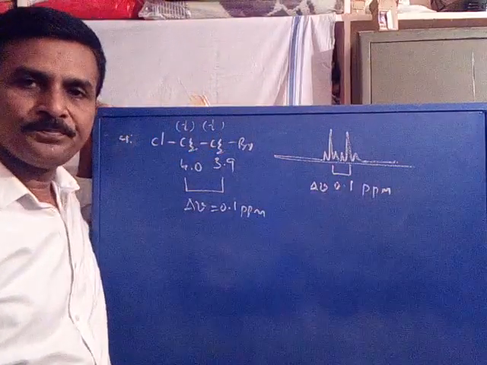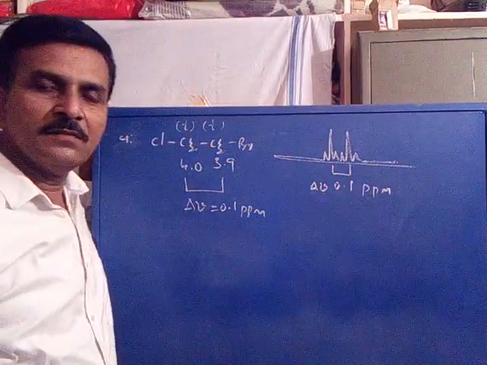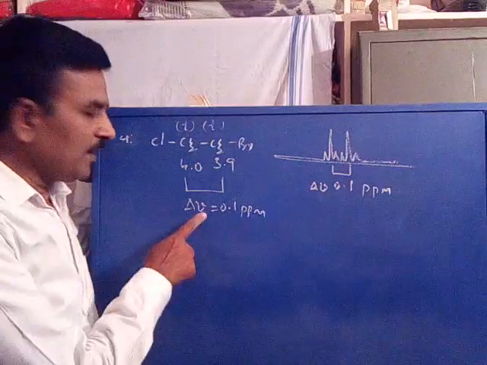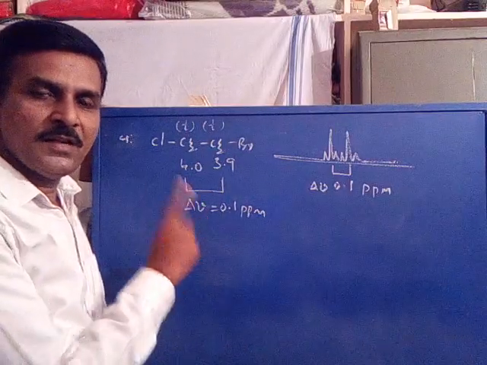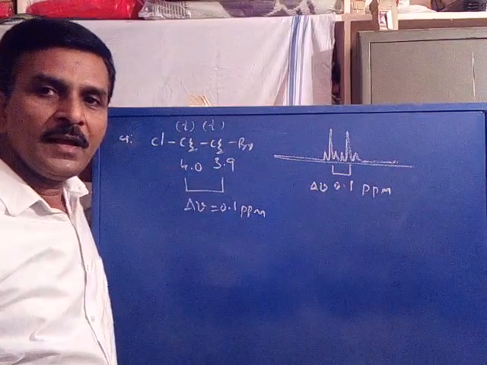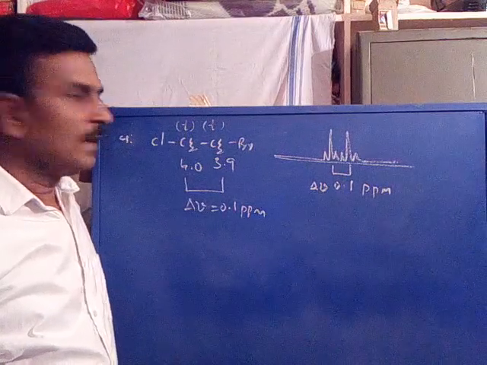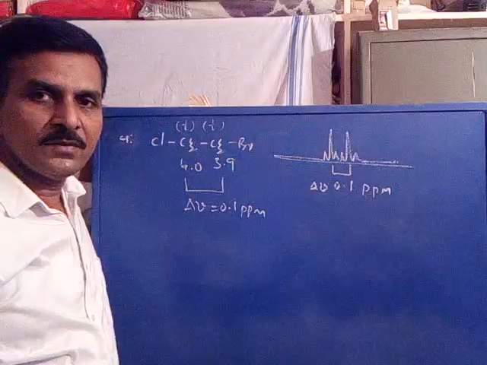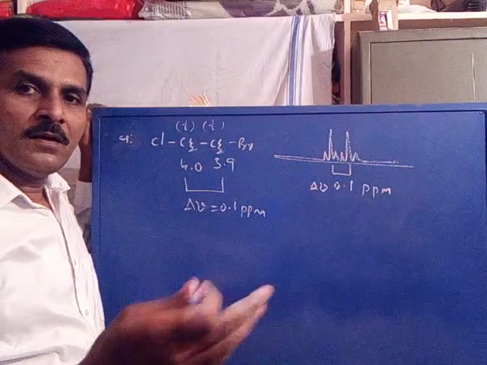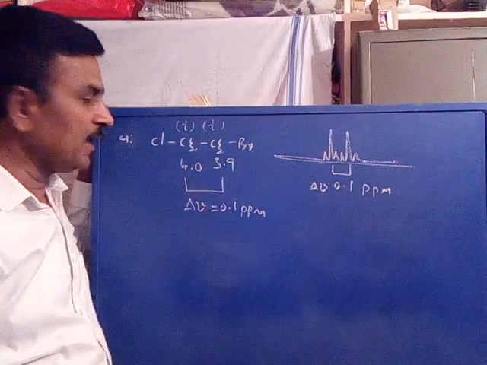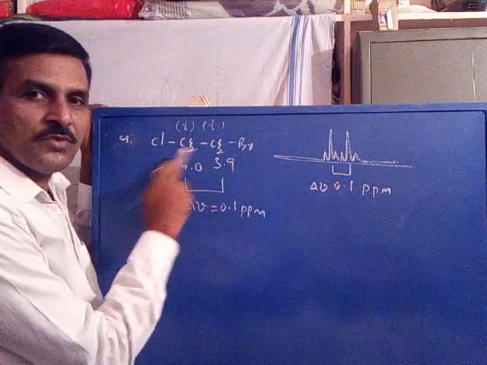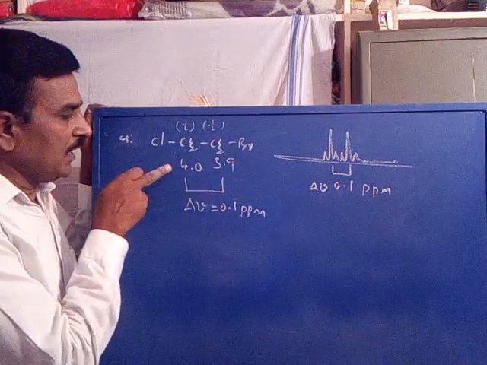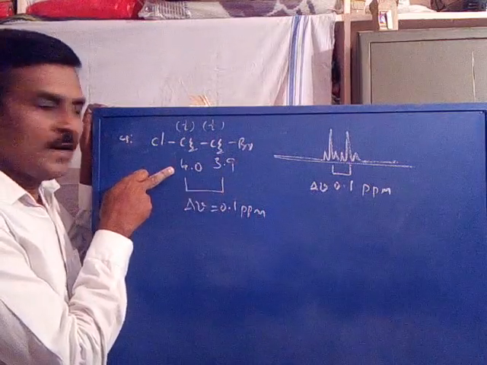Is it clear? Now under this condition, where the frequency difference is small, we should use letter A, letter B and letter C. So for this example, we follow ABC letters for designating. A is assigned to a proton of higher delta value. In between these 2 sets, CH2Cl has higher delta value, that is 4.0.